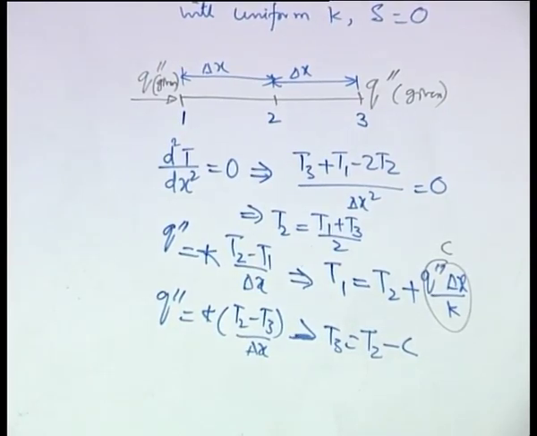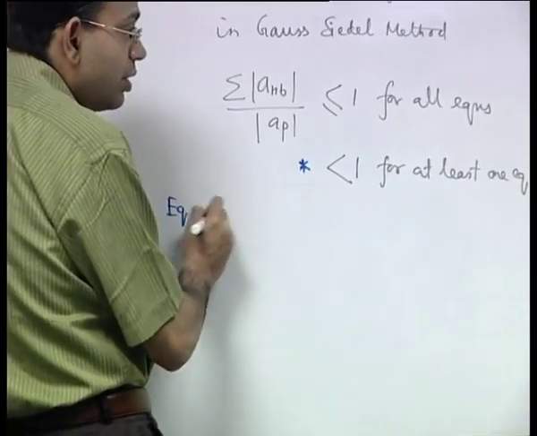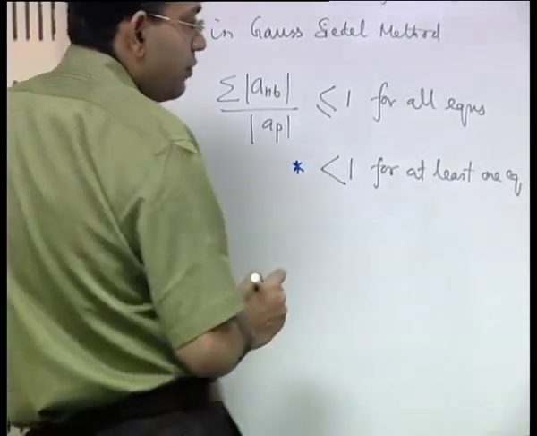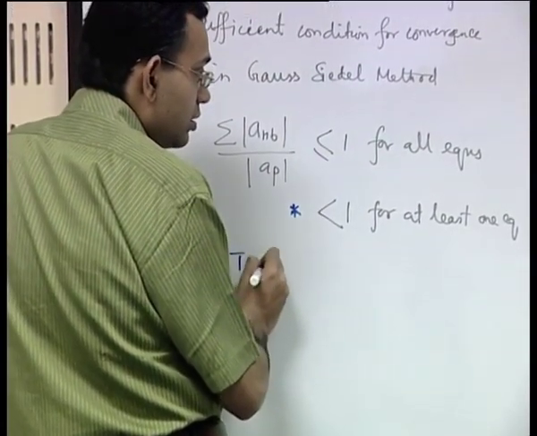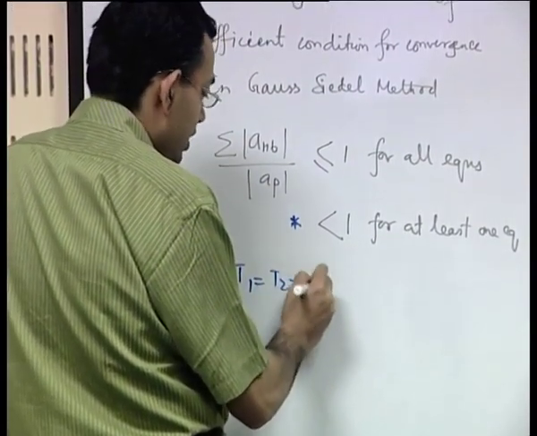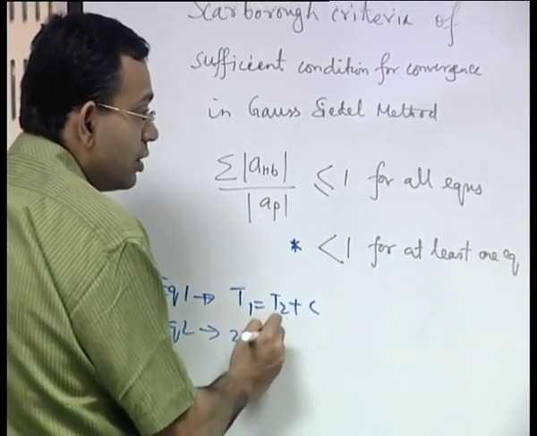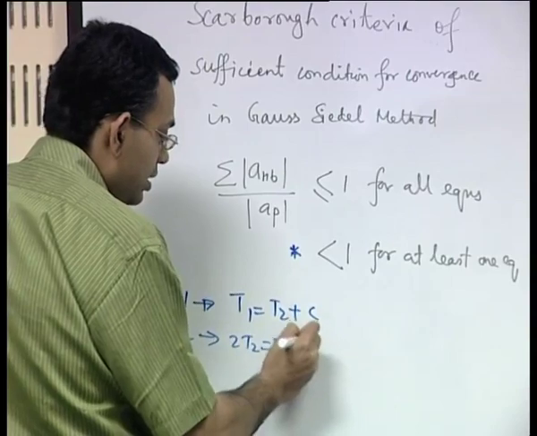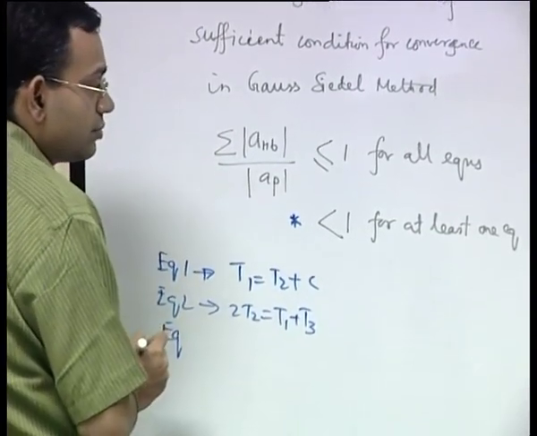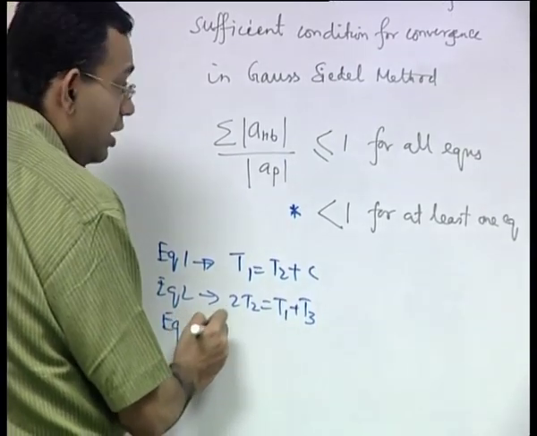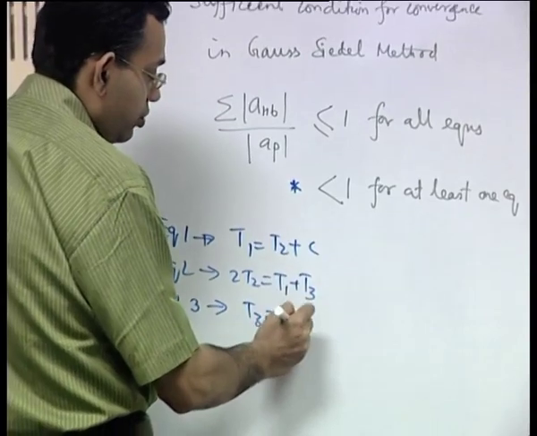What are our equations? Equation 1, you have T1 is equal to T2 plus C, equation 2, 2T2 is equal to T1 plus T3, equation 3, T3 is equal to T2 minus C.